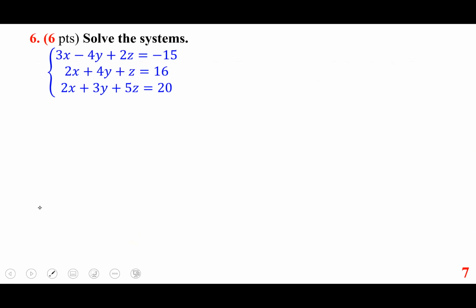All right, we want to solve this question, and it's a system of equations in 3 variables. There are different methods, so we're going to go over one of them. Let's call them equations 1, 2, 3, so it makes it easy to refer back to them.